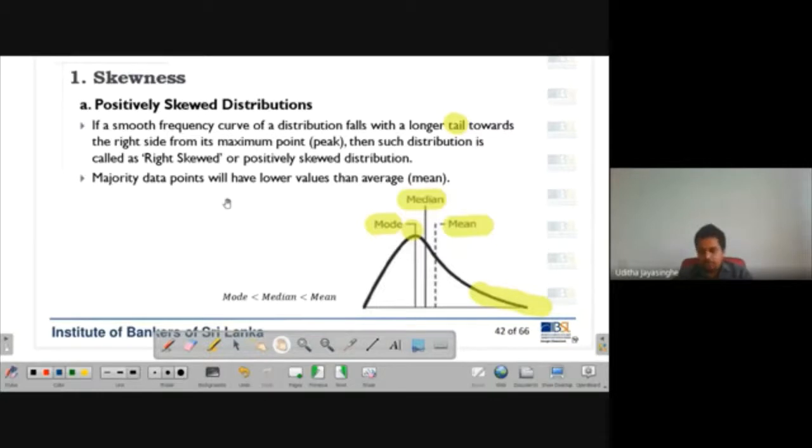And compared to the physics or the mathematics paper, those students' distribution on the chemistry marks will have somewhat lower averages. So once you plot that data set, you can always find positively skewed distributions.